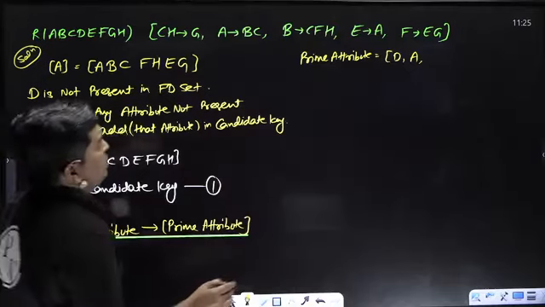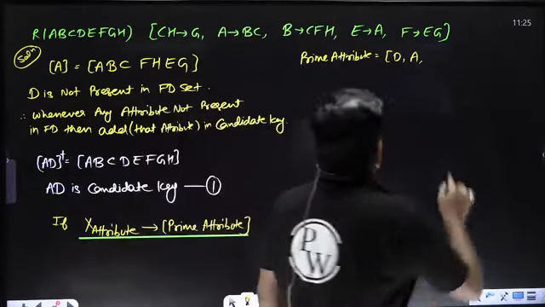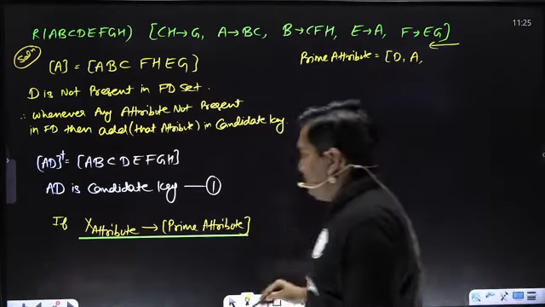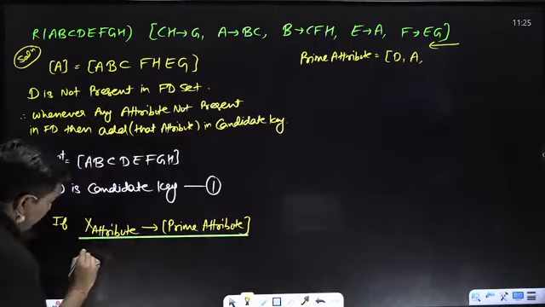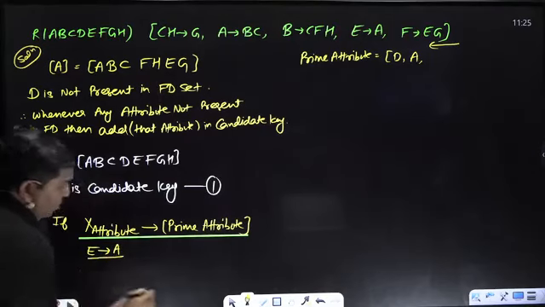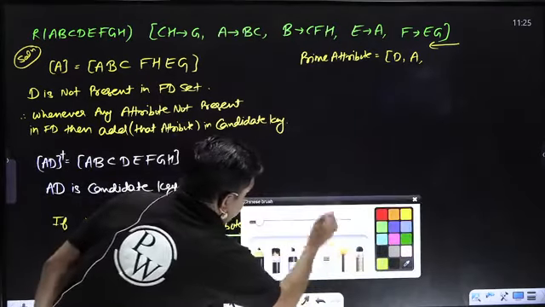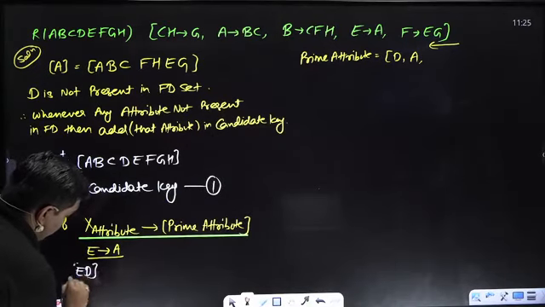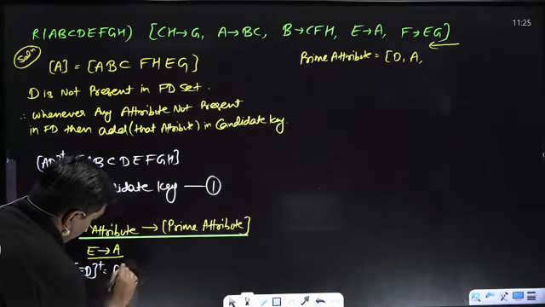Now we will check in this FD set whether D is determined by any attribute, no. E, yes, E determines A. So you can replace this A with E. When you take the closure of ED, what are we getting?